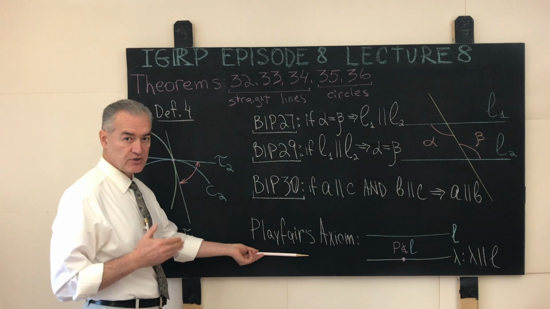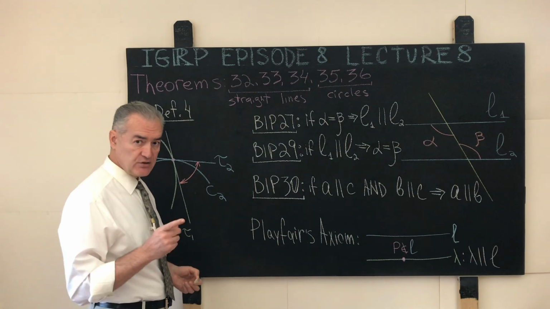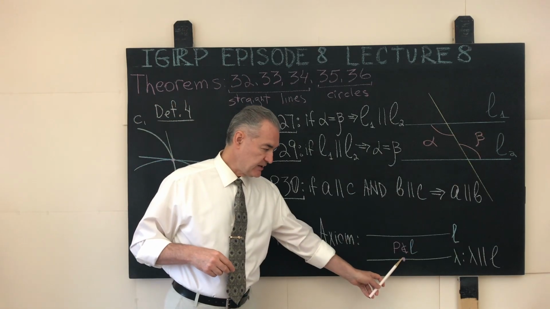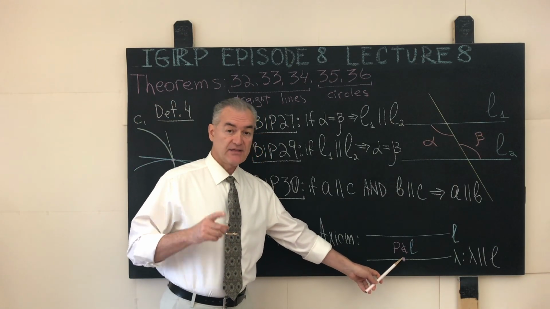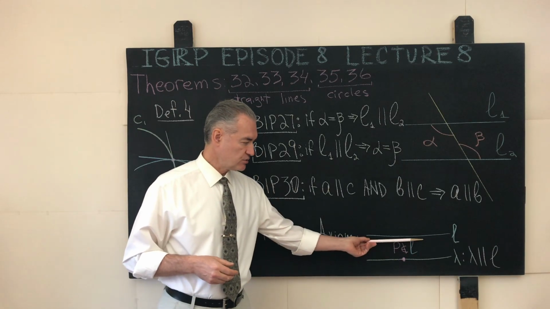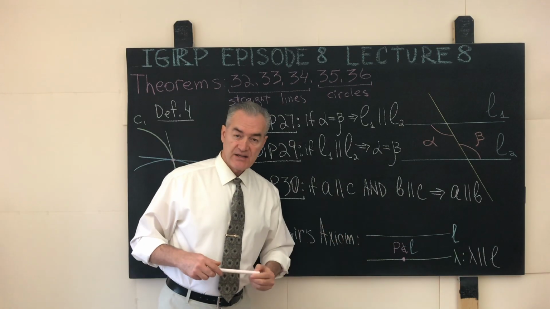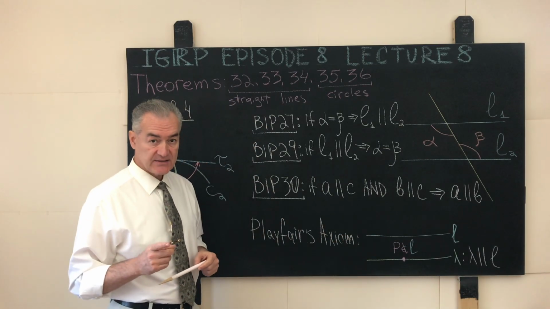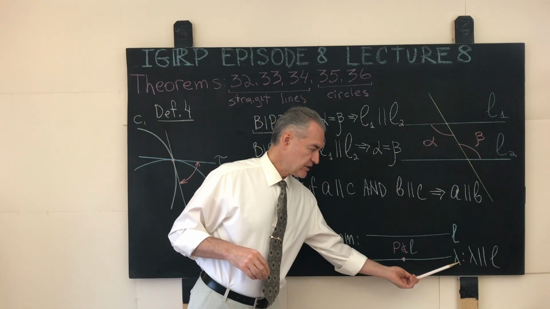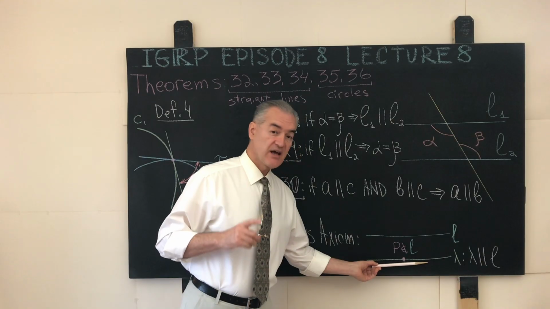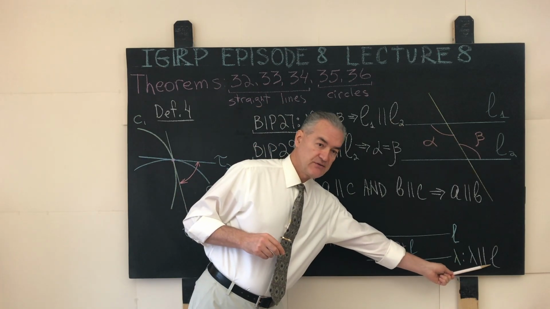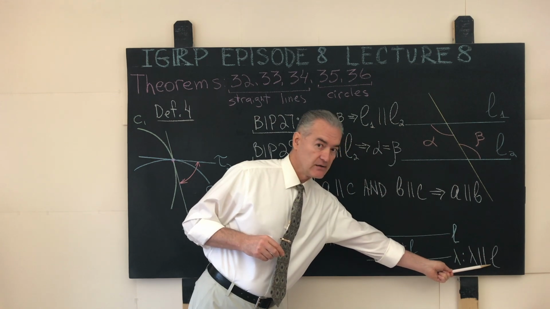As such, according to the Playfair's axiom, in Euclidean geometry, through a point P, shown in red over here, that does not belong to a given straight line L, shown in blue over here, there passes one and exactly one straight line, lambda, shown in green over here, that is parallel to the given straight line L.